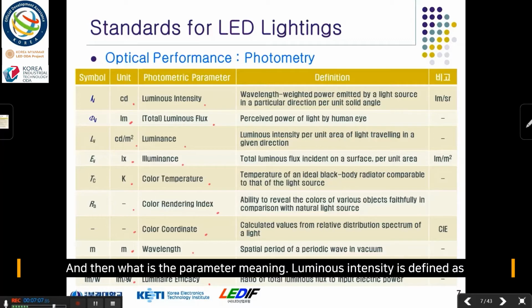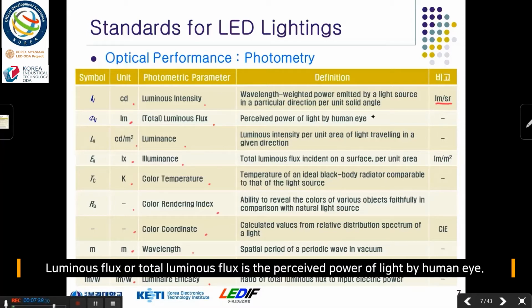And then what do the parameters mean? Luminous intensity is defined as the wavelength weighted power emitted by a light source in a particular direction per unit solid angle. So it can be expressed as lumen per steradian. Luminous flux or total luminous flux is the perceived power of light by the human eye.